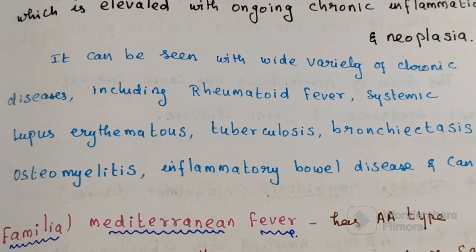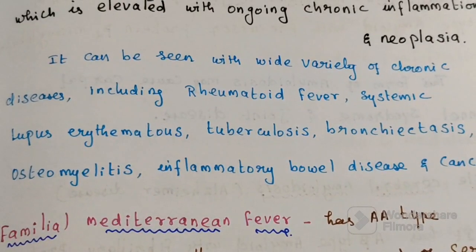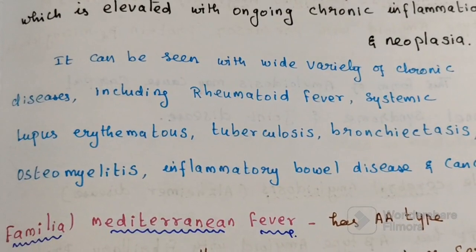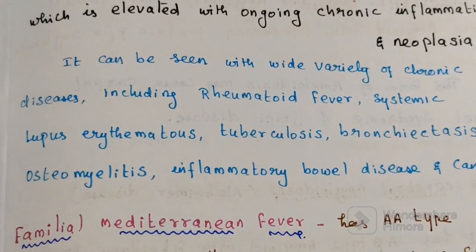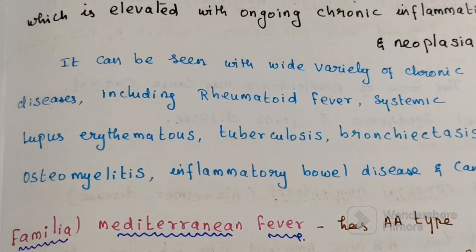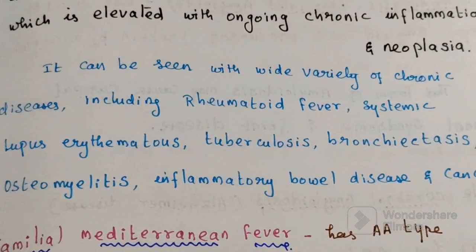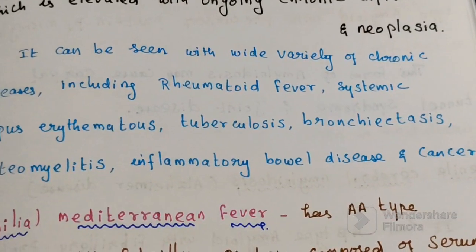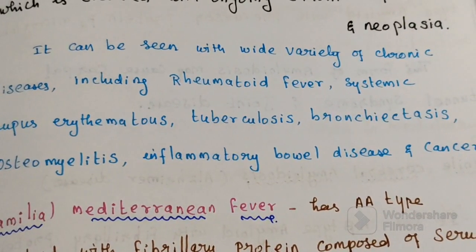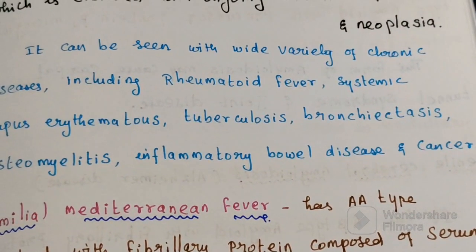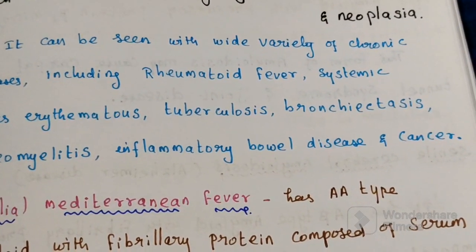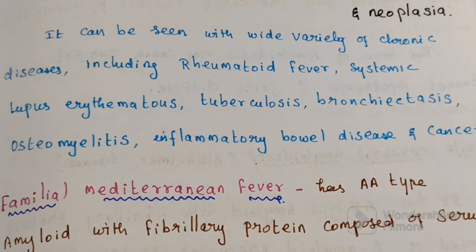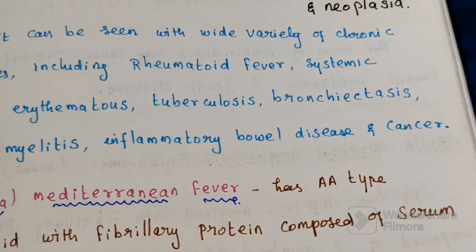Systemic availability can be seen with a wide variety of chronic diseases, including rheumatoid arthritis, systemic lupus erythematosus, tuberculosis, bronchiectasis, osteomyelitis, inflammatory bowel disease and cancer.